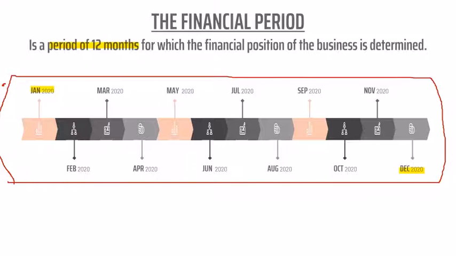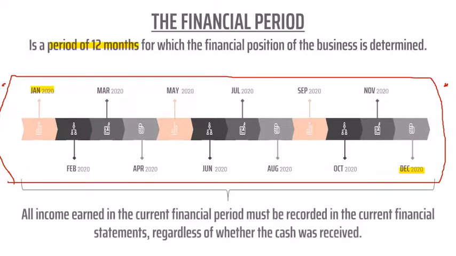And if it happened after December 2020, then it should be in the next year's financial statements. What I'm going to show you in this slideshow is how to ensure that all of the income that we've earned in the financial period is on this year's statement and nothing else. No income from last year or next year. So it's important to remember that income earned is recorded regardless of whether the cash was received.